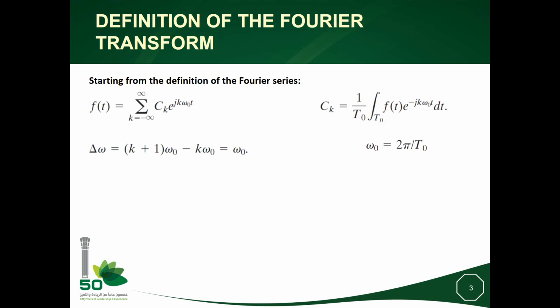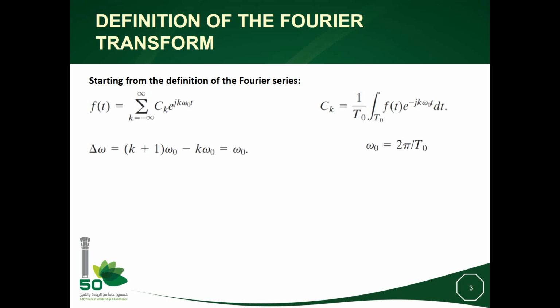So if I focus on two successive frequencies, k omega 0 and (k plus 1) omega 0, and I take the difference delta omega, which is (k plus 1) omega 0 minus k omega 0, we will see that the result is equal to omega 0, which is by definition 2 pi over T0.